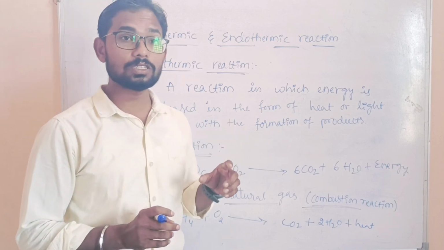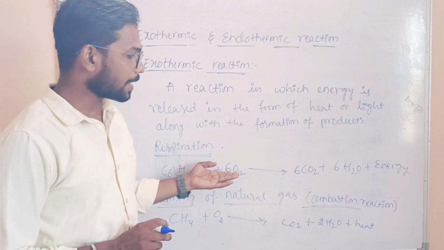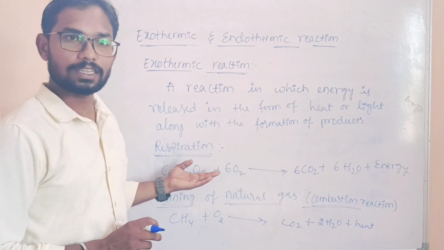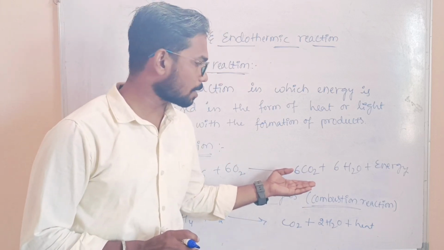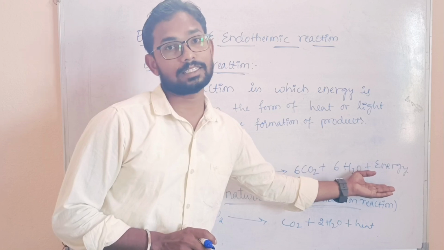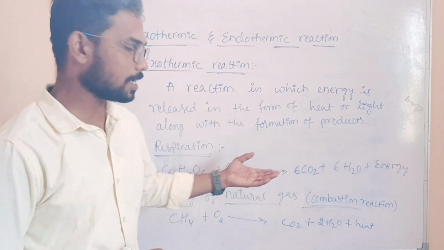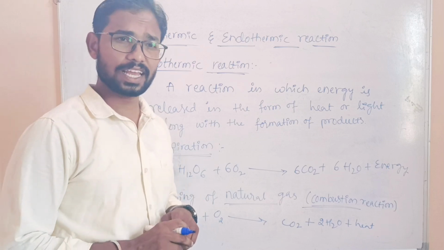So that glucose is going to react with oxygen to break down the glucose molecules in the cells to provide energy, so that it is going to give us the carbon dioxide and water molecule and the energy to the cells in the body.